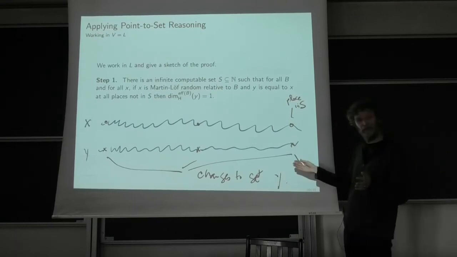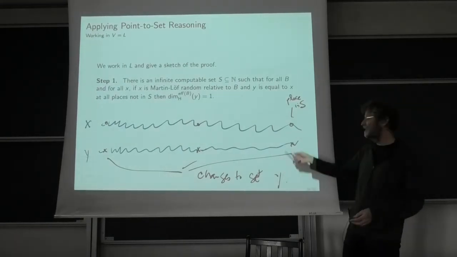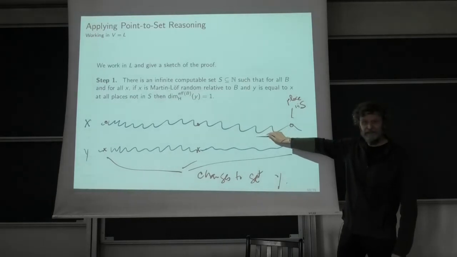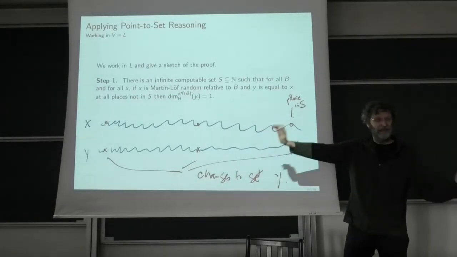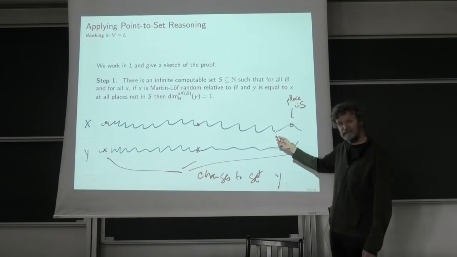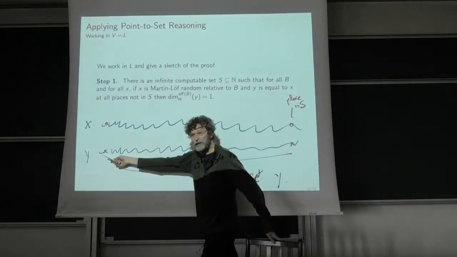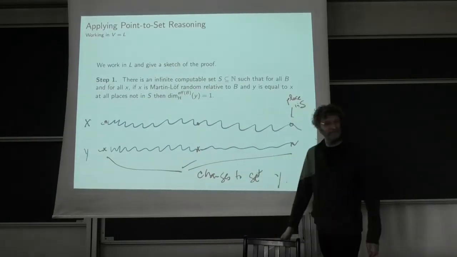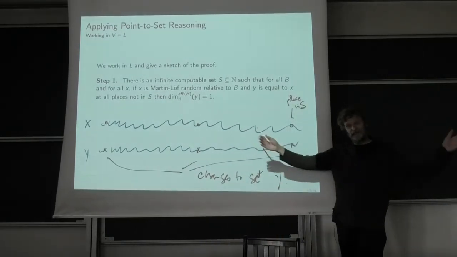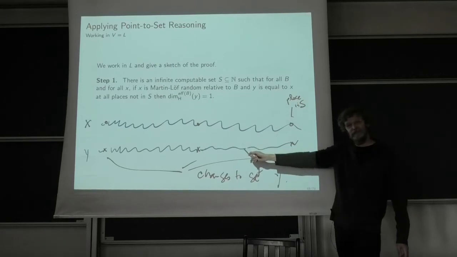So the amount of compressibility you're going to get is at most the amount that X could be compressed, which is a constant, so we can basically forget about that, plus the number of points at which you made a change. That's the most you could compress it down, because these blue squiggles are incompressible.